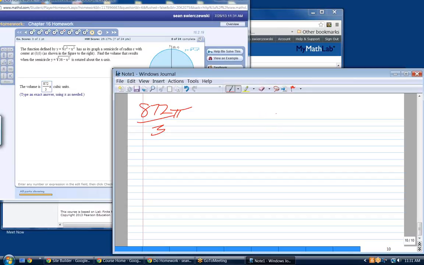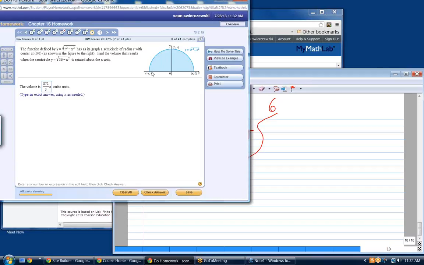Okay, so we'll do it the same way as we've done it before. What are our limits of integration going to be? Negative 6 to 6. We're going to use this one because the distance from the x-axis to the point on the graph is going to be the radius of the disk.